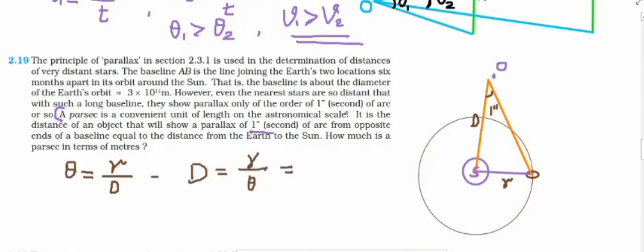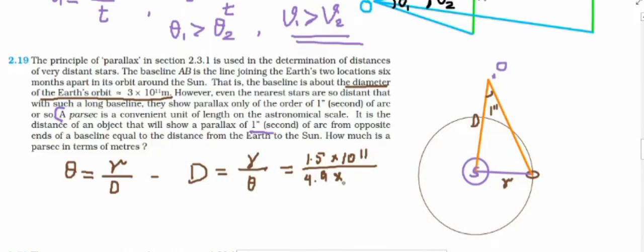It is given the diameter of Earth's orbit is 3 into 10 power 11, so how much will be the radius? 1.5 into 10 power 11 divided by theta, which is 1 second. 1 second you have to convert into SI unit.